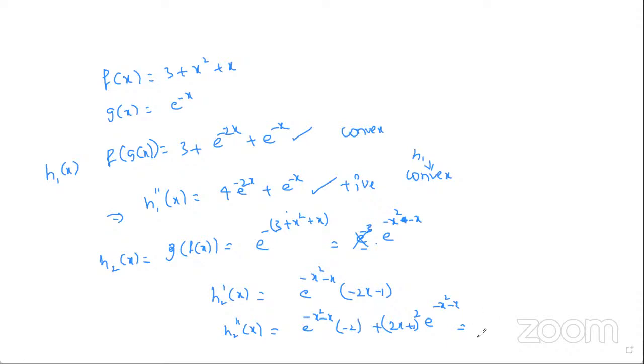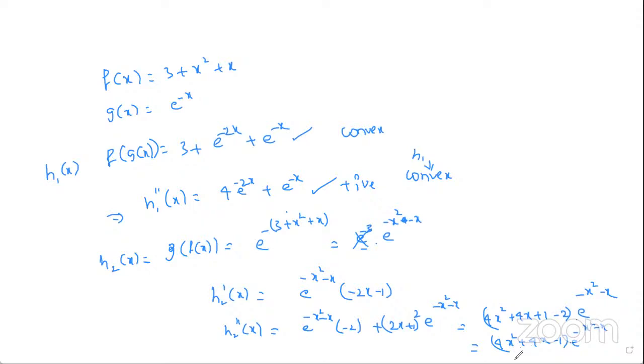Yes, sir. Okay, so if I combine these coefficients, minus 2 and 2x plus 1 whole square, we could expand this. It's going to be equal to 4x square plus 4x plus 1 minus 2, into e power minus x square minus x. And this is equal to 4x square plus 4x minus 1 into e power minus x square minus x.